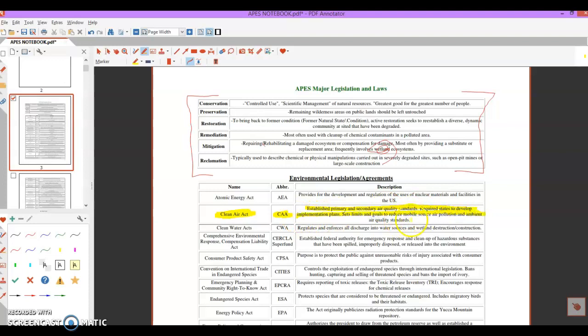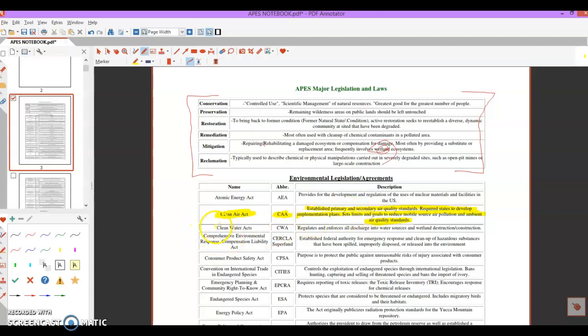When we get to the air pollution unit, you'll learn more about the difference between primary and secondary pollution, but basically the Clean Air Act tries to police how much pollution is being released into the environment. We know that air pollution is released constantly, every day, all day, and the government has set some guidelines on how much companies can release into the atmosphere. So that is the Clean Air Act.